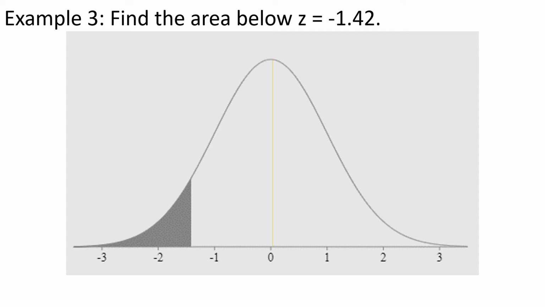Now, if we are going to solve for this area, which is to the far left of 0, then the strategy will be to solve first for the area of this unshaded region, from 0 up to negative 1.42. For us to do that, because the z-table does not give us an area from 0 to a certain number to its left, we need to find its equivalent to the right. That is from 0 to 1.42. So let us solve for that first.